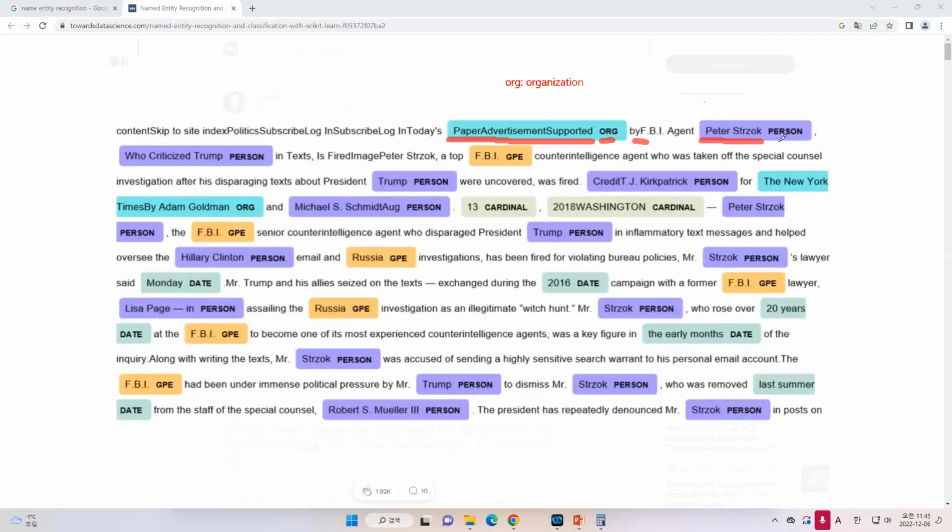This one is a person who criticized Trump. Okay, this is a person. And then FBI, this is the government entity. GPE is the government public entity. And we have Trump, which is a person, and then this is an organization, and so on.